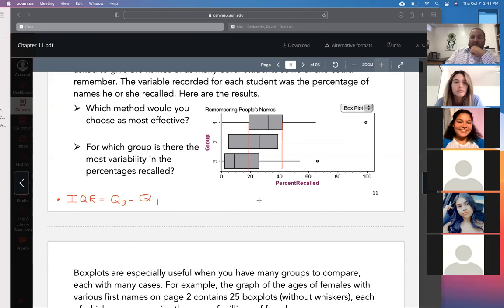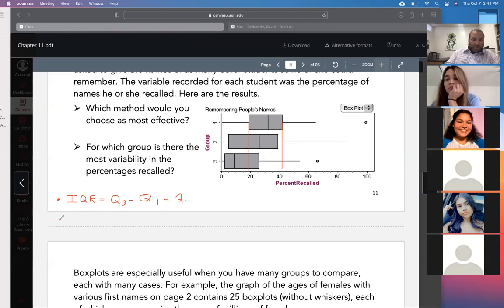So what would the IQR be in our example here, approximately at least? 40 minus 19, which is? I didn't hear, did you say the answer? 21. You broke up, but I think you said something about 23, give or take? Okay, 21. All right, so the IQR is 21.